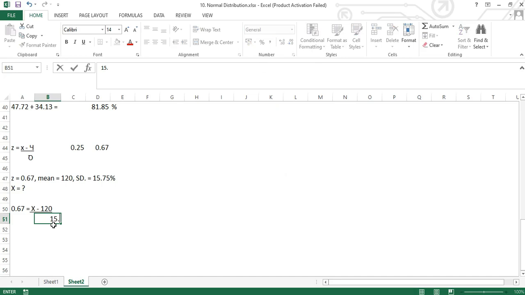You should just write 15.75. So don't use the percentage mark here. Now solve this. When you solve, you will get X equals 0.67 multiplied by 15.75 plus 120. See the answer.